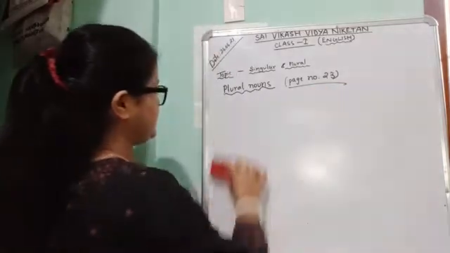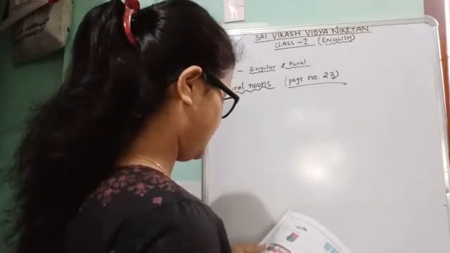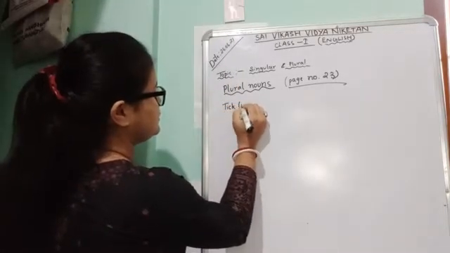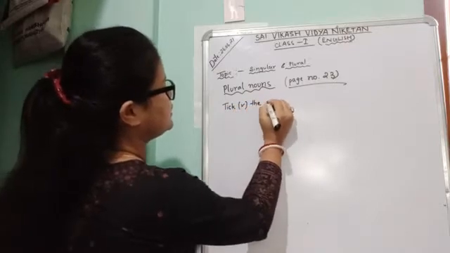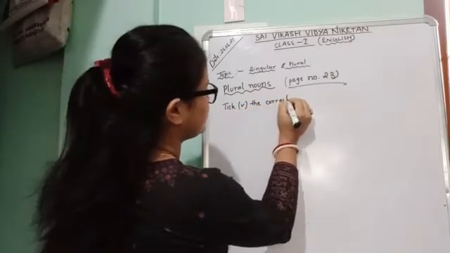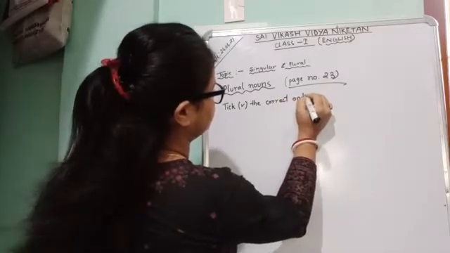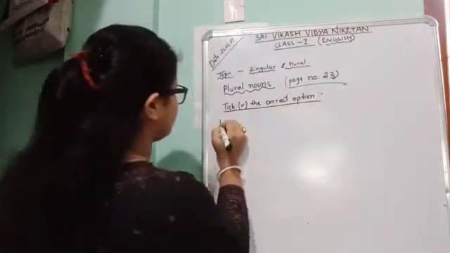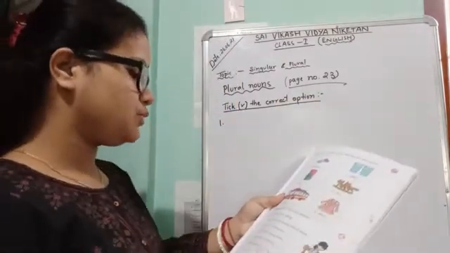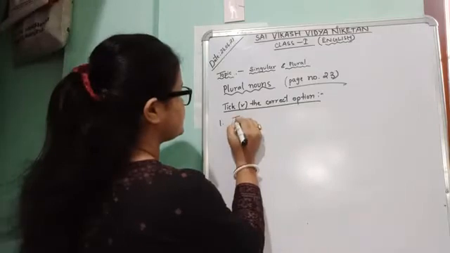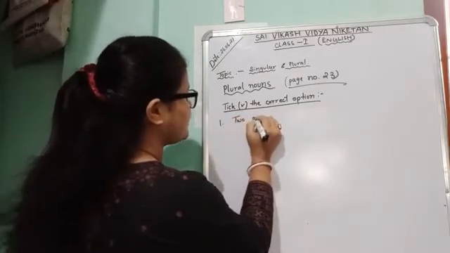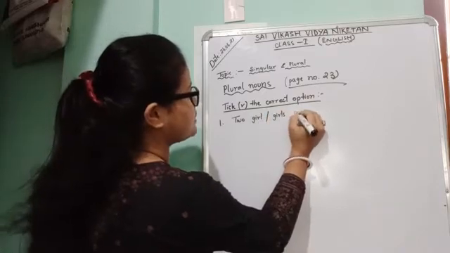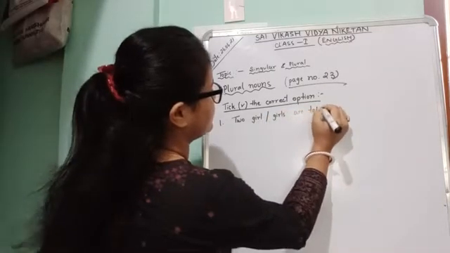Now, our next point is tick the correct option. Tick the correct option. Number 1. Two girl or girls are talking.